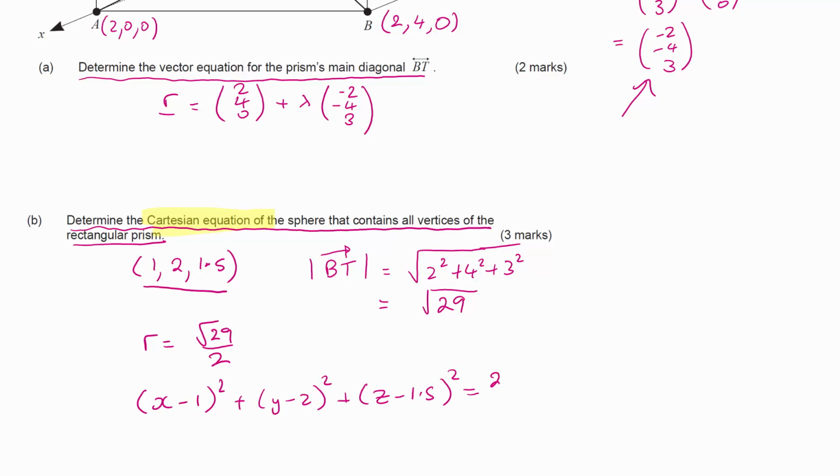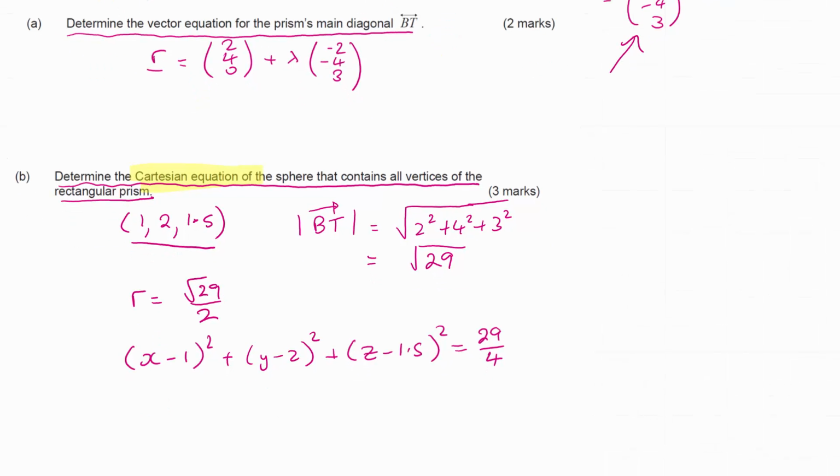And r squared is 29 over 4. And so we get (x minus 1) squared plus (y minus 2) squared plus (z take away 1.5) squared is equal to 7.25.